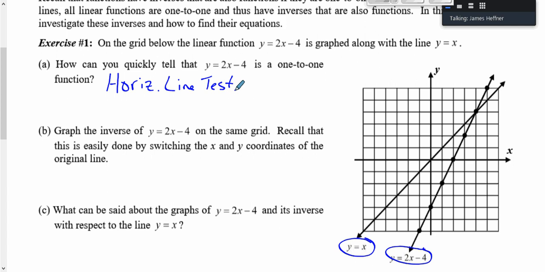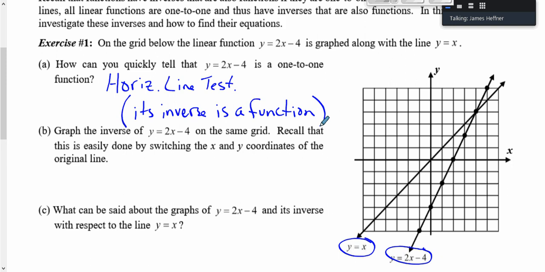Yes, it is, okay? And also, what could we say about its inverse, since it's one-to-one? Well, not necessarily one-to-one. The inverse is definitely a function. So if you were to graph its inverse, it would pass the vertical line test, okay?